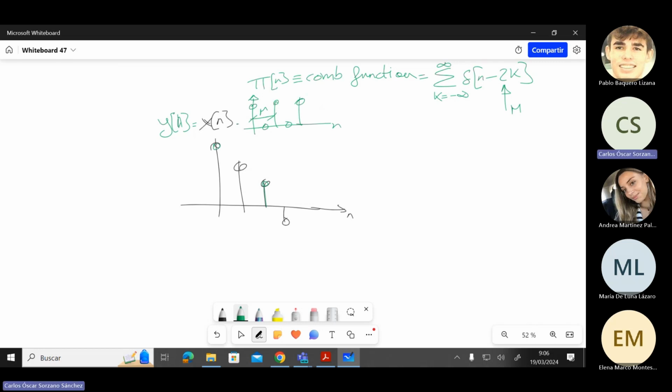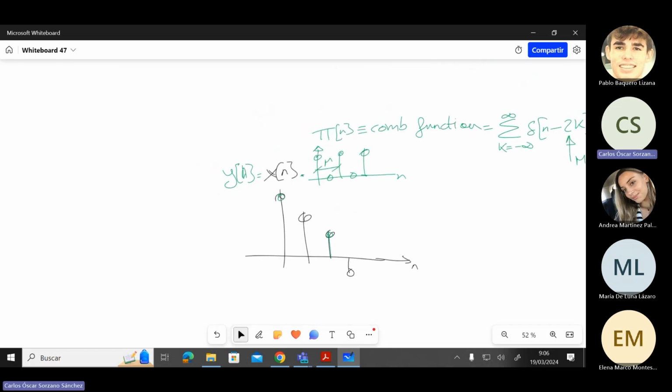So if y is a multiplication of two signals, what happens with the Fourier transform? The Fourier transform of y is the Fourier transform of x convolved with the Fourier transform of the comb.